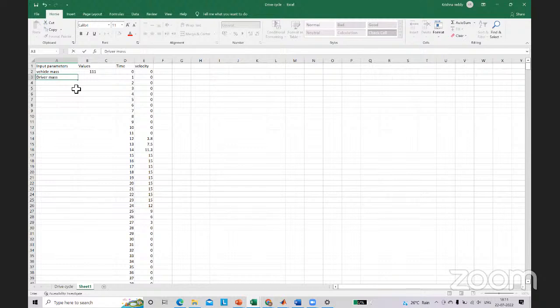Driver mass, 81, or 80 something you can take, or a standard we can consider as 80, or 70, it depends. And CRR, that is the coefficient of rolling resistance.